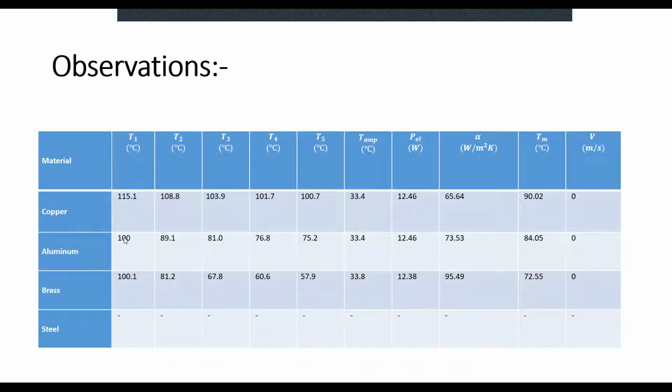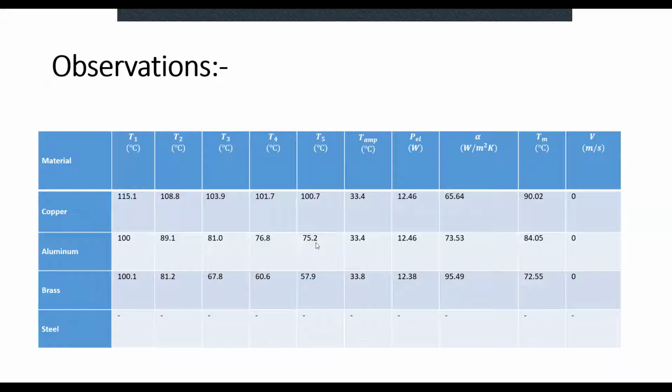Therefore, when we reach 100, the difference is a little higher than the copper. If we subtract T1 minus T5, for the copper we have approximately 15 degrees Celsius difference across that 100 millimeter length. But for aluminium, you can see we have 100 minus 75, 25 degrees Celsius.